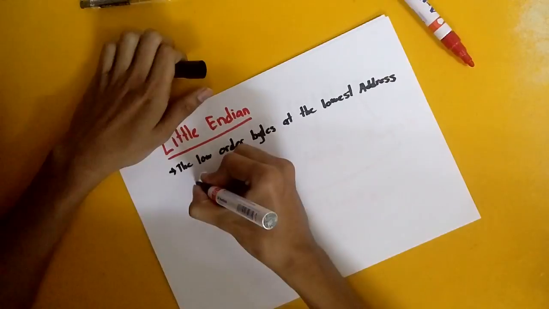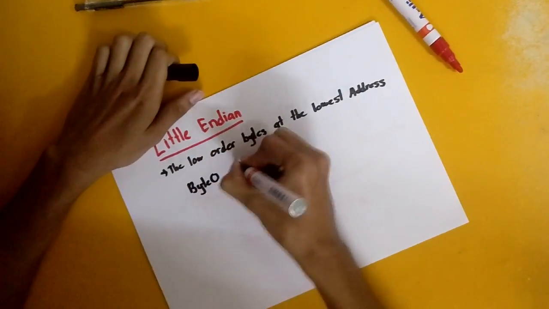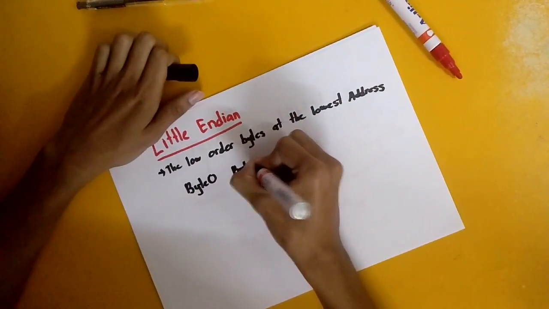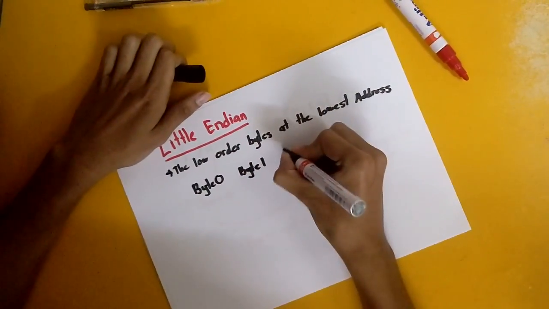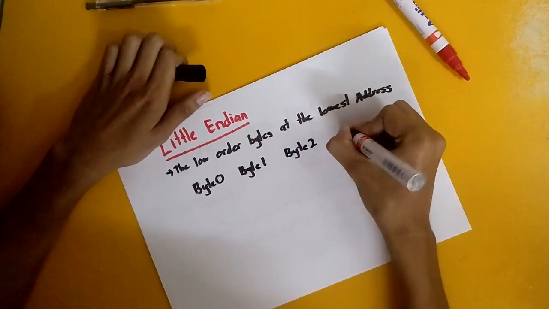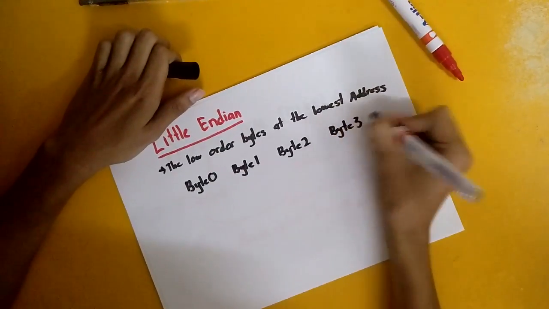The example is like byte 0, then byte 1, then byte 2, and byte 3.